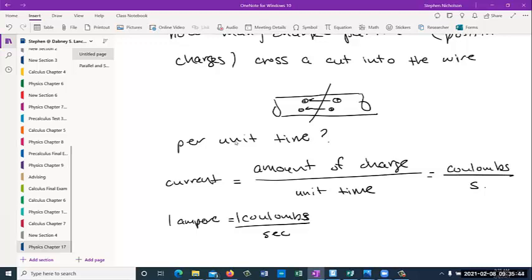Now sometimes you see current defined as change in charge per change in time. That's a little misleading, because you think the charge is increasing, that delta means I'm getting more charge or less charge. But really the delta here represents the amount of charge that passes through this portion of the conductor.